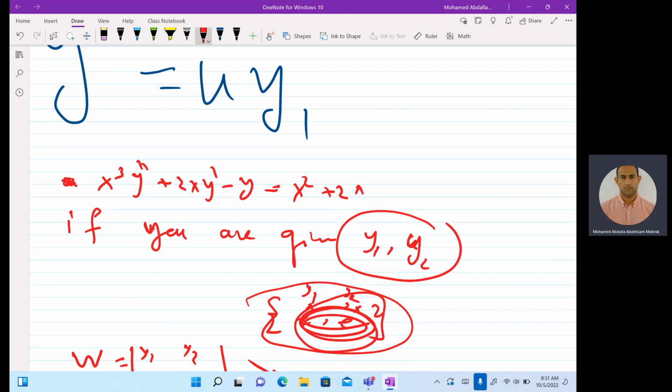So you don't need to worry about the yc. All you need to worry about is the yb. yb requires what? It requires y1 and y2 given to you. It requires a of x, it's here. It requires f of x, it's here. Then you are good to go. Yes.